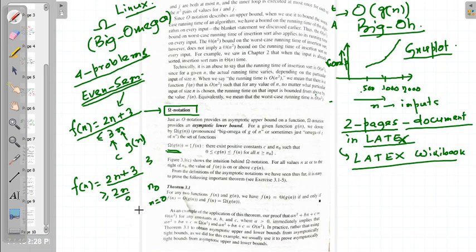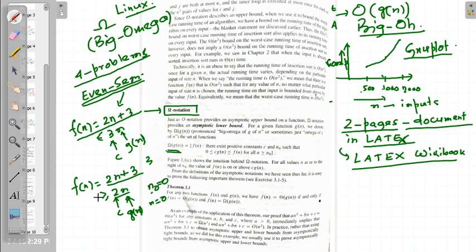So 3 is greater than 0, so this is satisfied. Here this is our c2 and g(n), and n naught here will be equal to 0.